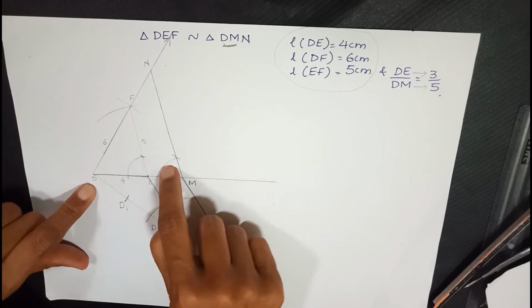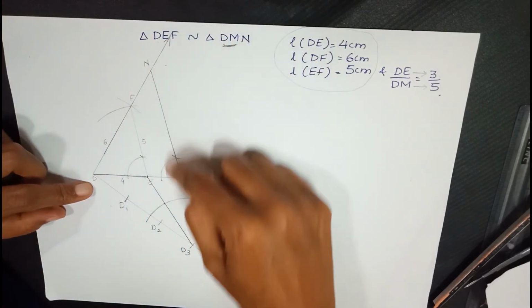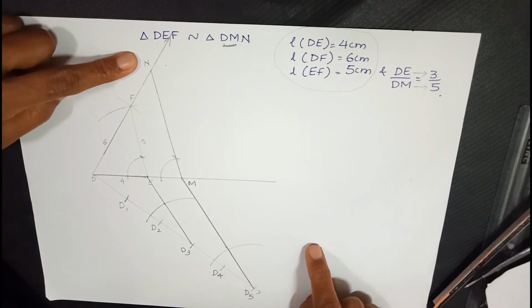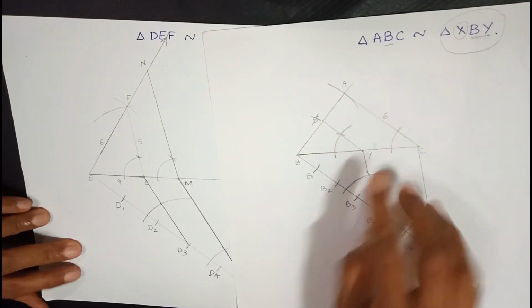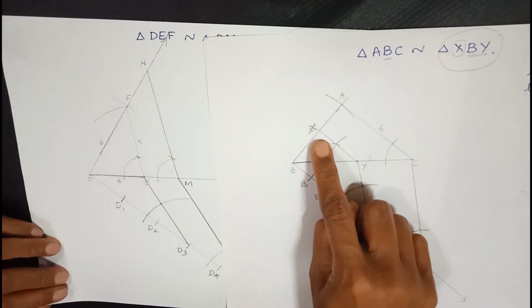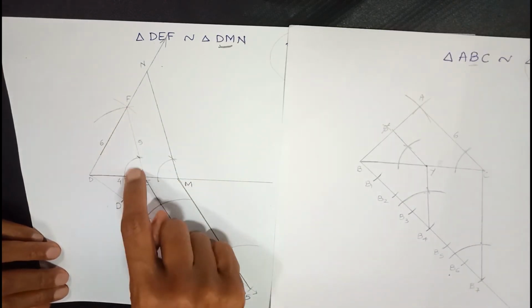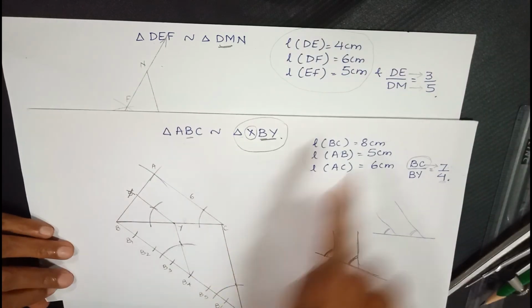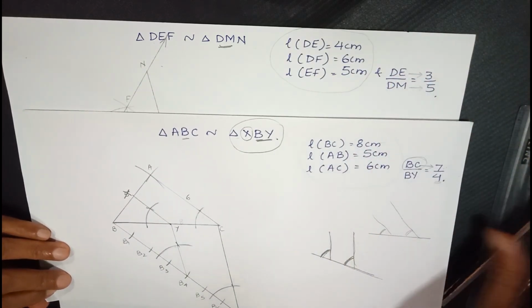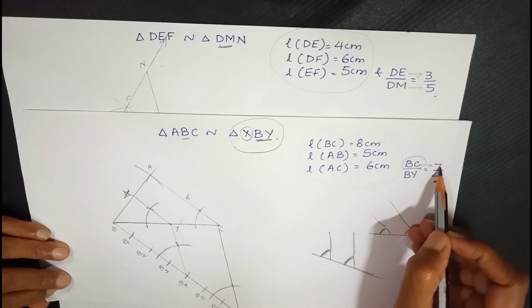Then making parallel angles here, extending the upper side also, you can get the third vertex. So these are the 2 cases where the first triangle can be bigger and the second can be smaller, or the first triangle can be smaller and the second can be bigger. The idea, you will get it from the ratio, right? This was the given ratio, 7 parts.